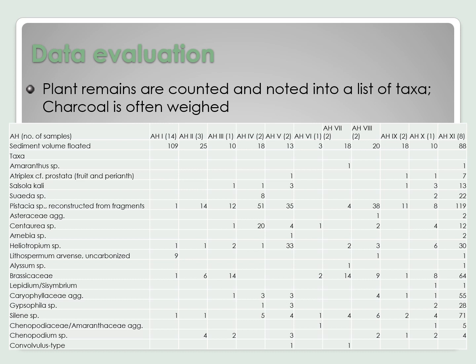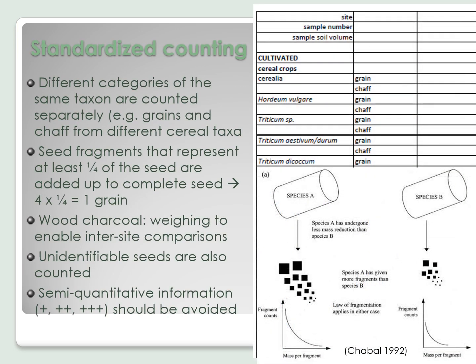The identified plant remains are counted and noted in a taxa list. Charcoal is often weighed. Counting follows certain standards. It is important to treat different categories of the same taxon separately.